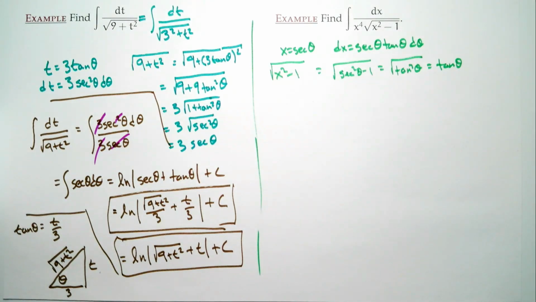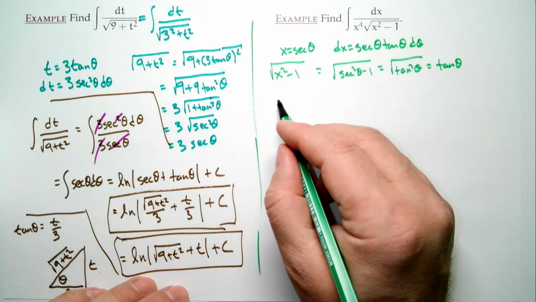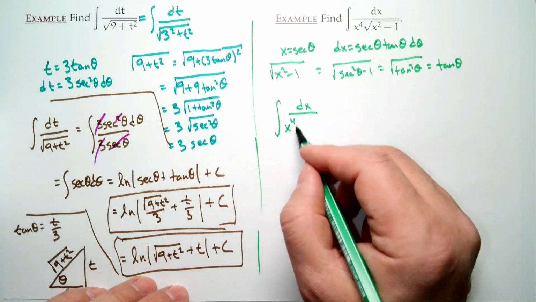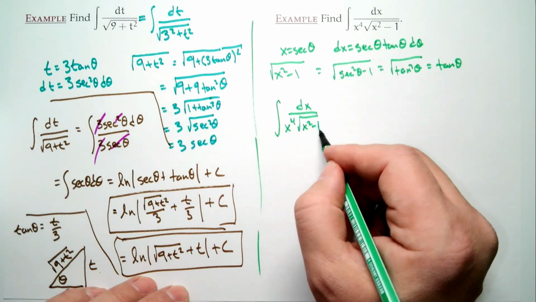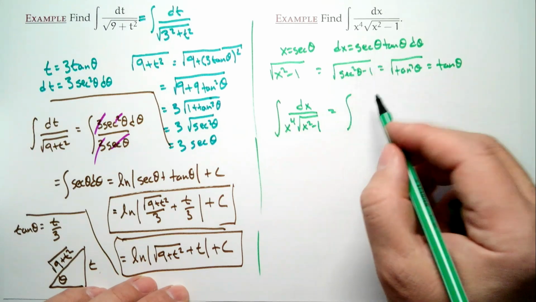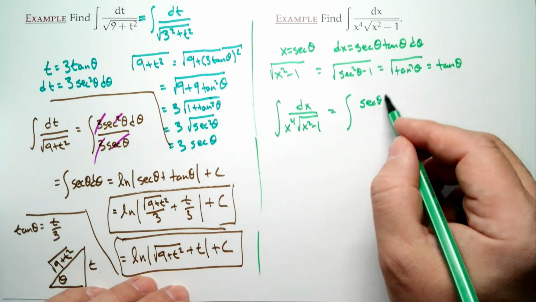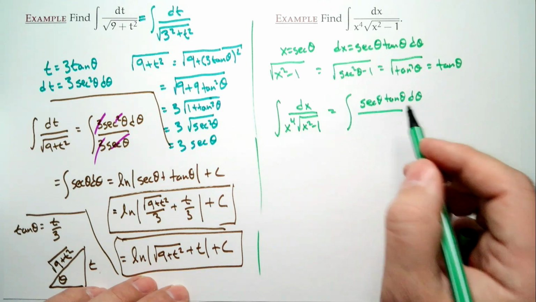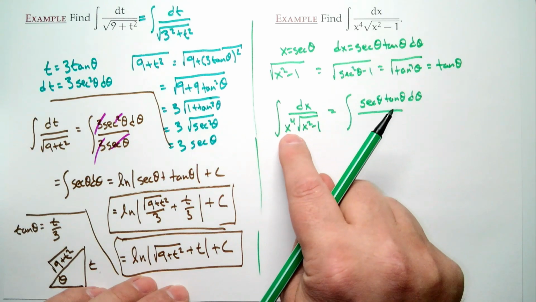Just like we'd like. So our integral, dx over x to the fourth square root of x squared minus 1. The top: secant theta, tangent theta, d theta. Downstairs, x to the fourth will become what?